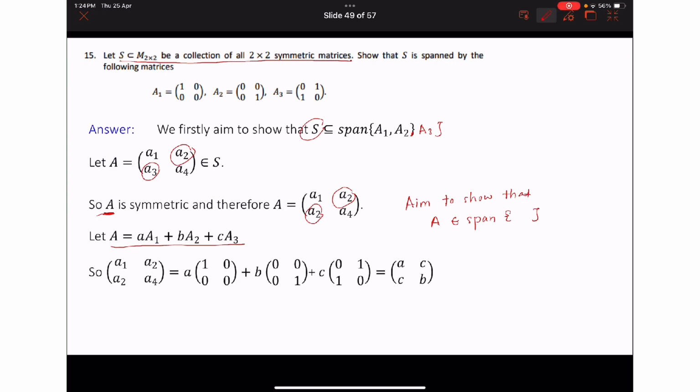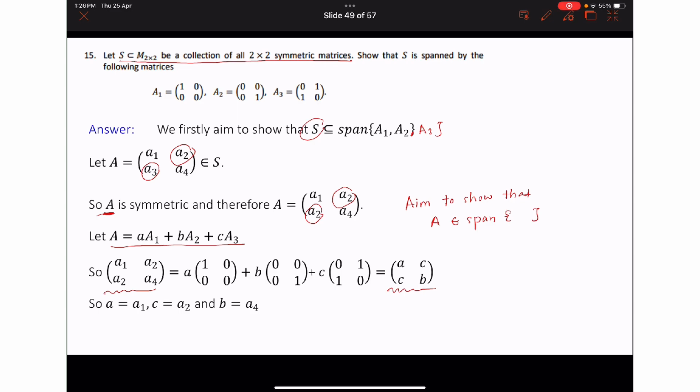To show that, we substitute matrices A, A1, A2, and A3 as follows, and therefore we have A equal to this matrix. Comparing left hand side and right hand side of this equation, we found the values of the scalars.